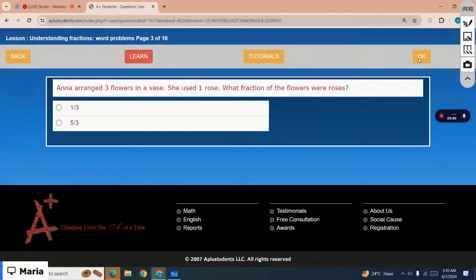Anna arranged 3 flowers in a vase. She used one rose. What fraction of the flowers were roses? Which is the correct option?